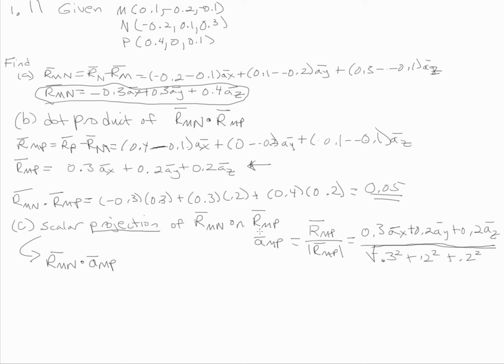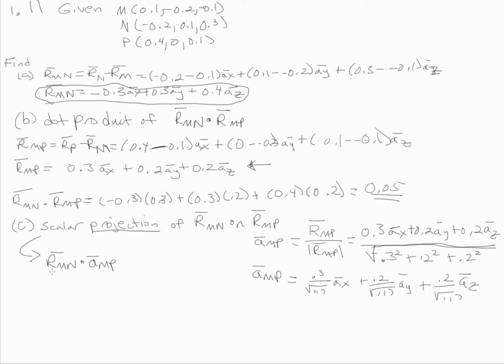So that means that this A_MP unit vector is going to be 0.3 over the square root of 0.17 Ax plus 0.2 over the square root of 0.17 Ay plus 0.2 over the square root of 0.17 Az, because that's what this comes out to be. And so that's the unit vector.